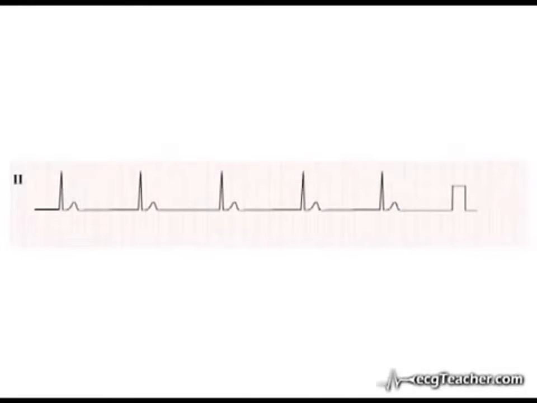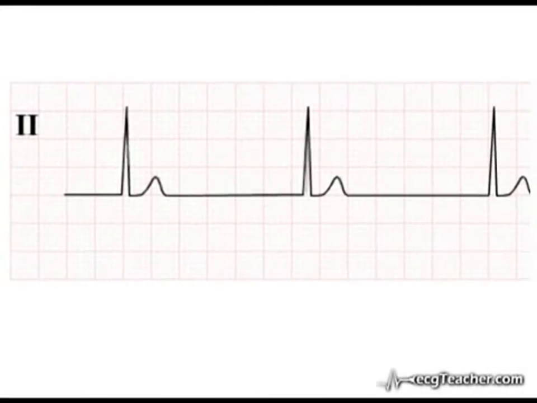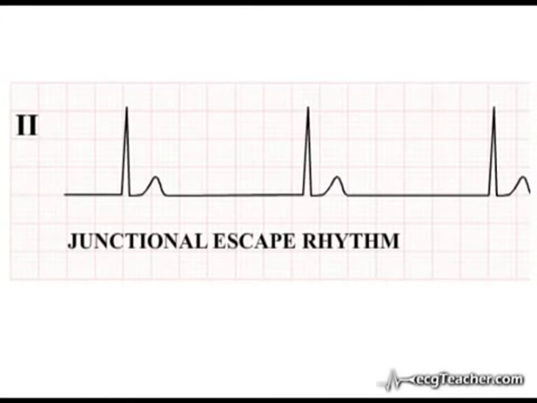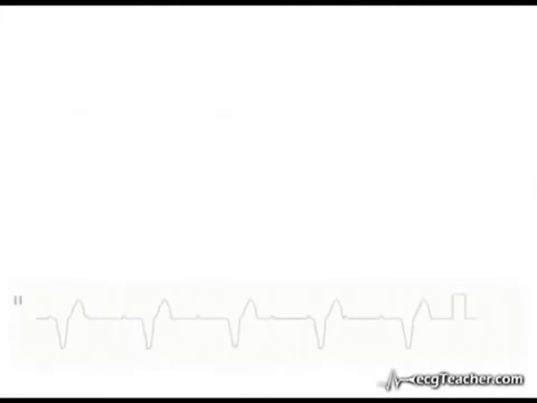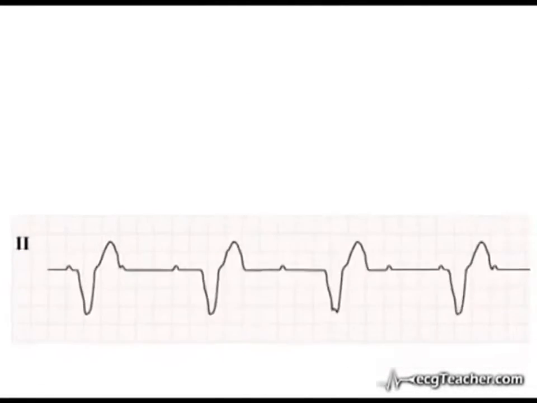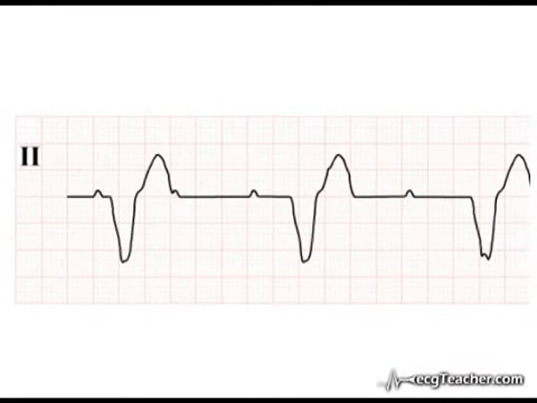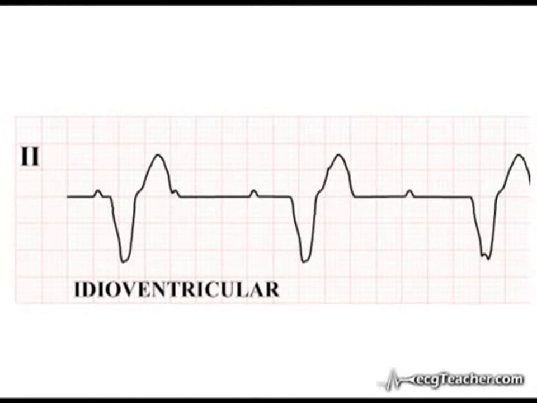We can identify this example as junctional, as it is narrow complex, completely regular, but with no identifiable P-waves. In this example, the P-waves are likely buried in the QRS complex. With broad QRS complexes and obvious AV dissociation, we can identify this bradycardia as idioventricular.